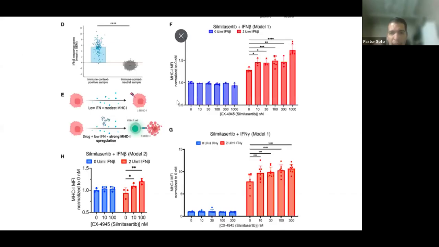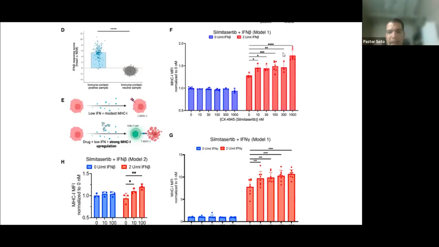This is what I was mentioning. So you have here on the x-axis the drug level, and on the y-axis you have different types of interferon presence. You have 0 interferon presence, and you have 2 interferon presence, which is a low level, and this is the normalized evaluation of that protein that signals the immune response.